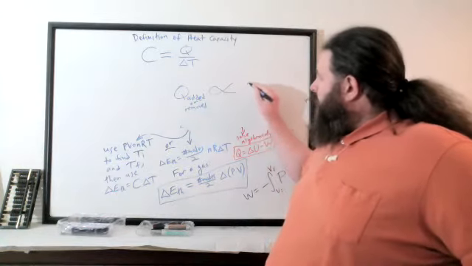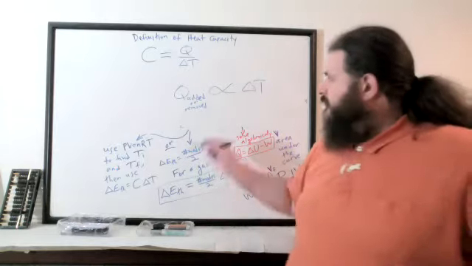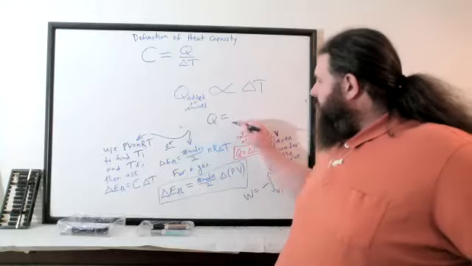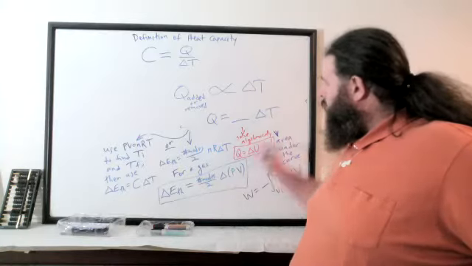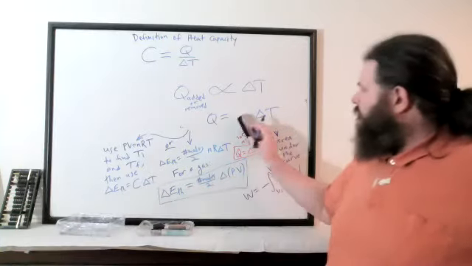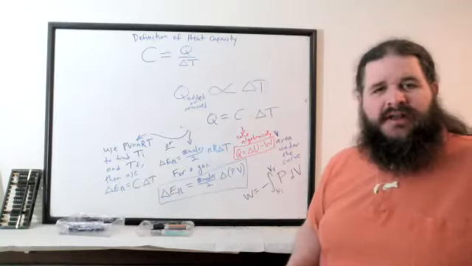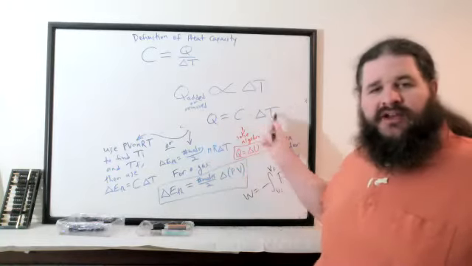Heat added or removed is proportional to the delta temperature. If 2 things are proportional, that means one of them equals something times the other. And we call that something the heat capacity. So heat capacity is the constant proportionality between heat added or removed versus change in temperature.